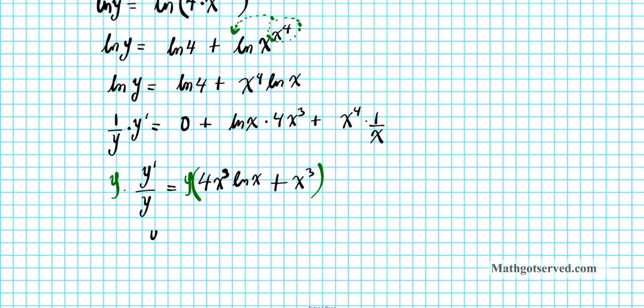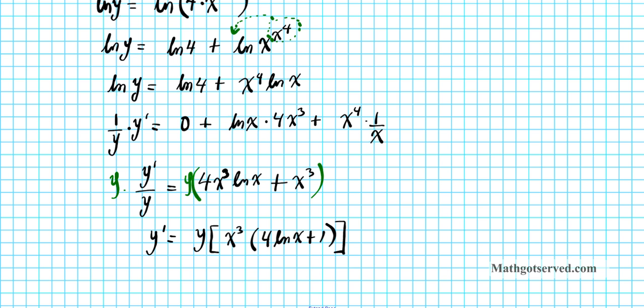So we're going to have y prime equals y times, I should make that a bracket because I'm going to be doing some factorization in a minute, x to the third times 4 times the natural logarithm of x plus 1.